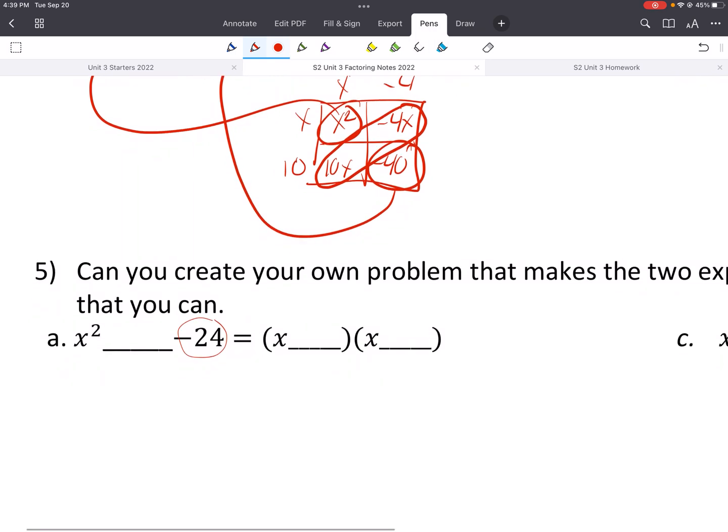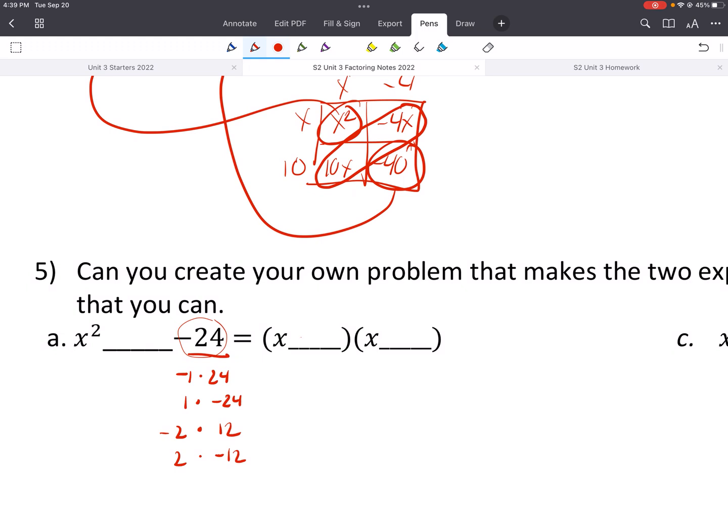We could write down factor pairs. We could do 1 and 24, maybe a negative 1 and 24. You could do 1 times negative 24. You could do 2 and, or negative 2 and 12, or 2 and negative 12. So there's lots of choices that can make that work.